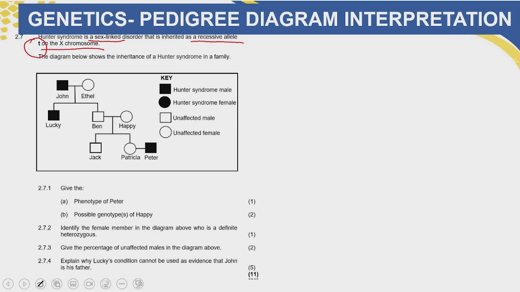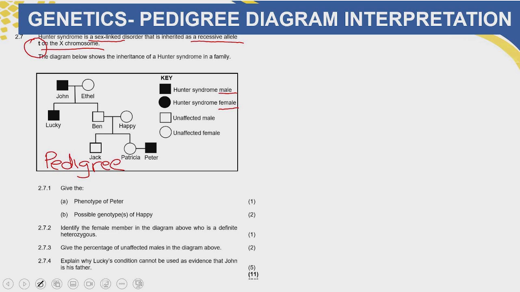First of all, what type of diagram is represented there? You should know that this is a pedigree diagram. The squares represent the males, and the circles represent the females.